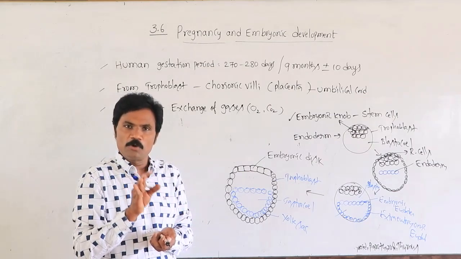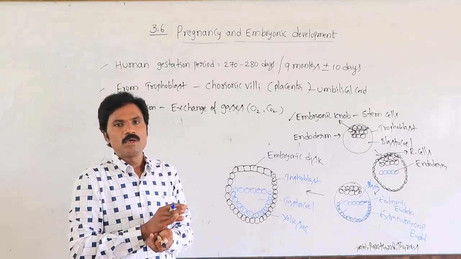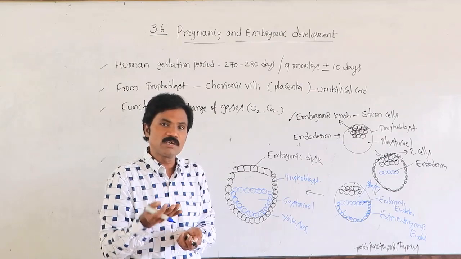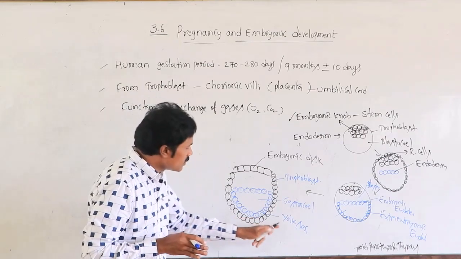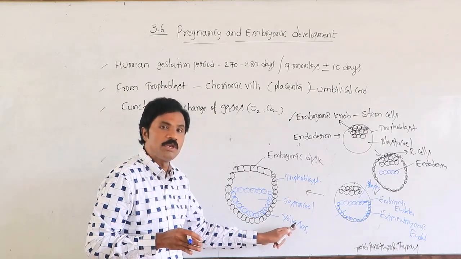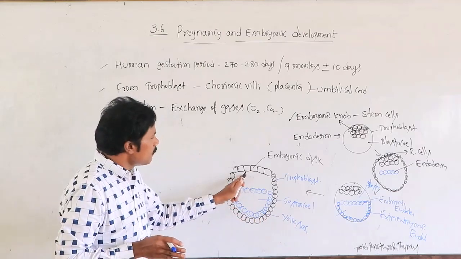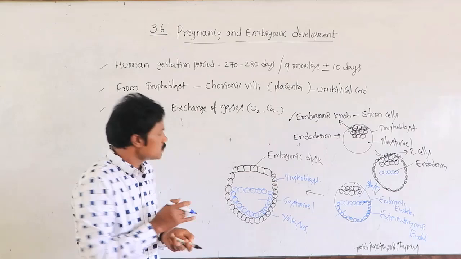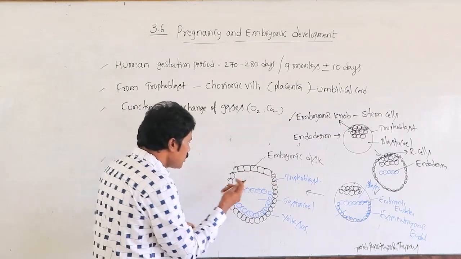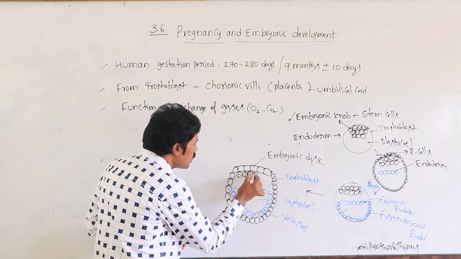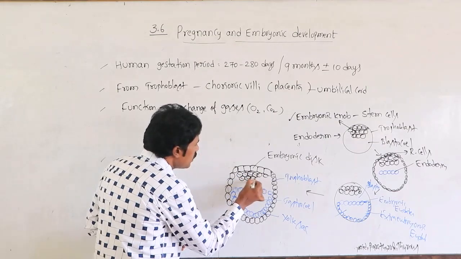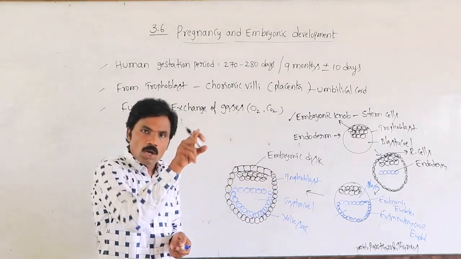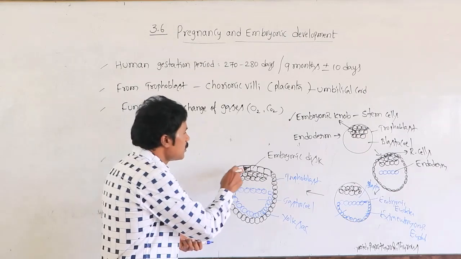It is not only for protection and giving nutrients, it is also ready to form extra-embryonic membranes. So the sac is also one of the extra-embryonic membranes. The embryonic disc will be formed below this. As usual, the embryonic knob is attached along with the trophoblast. It forms the embryo.